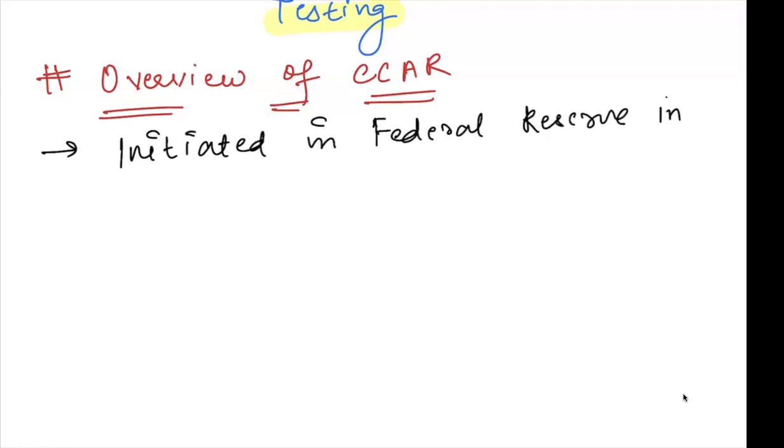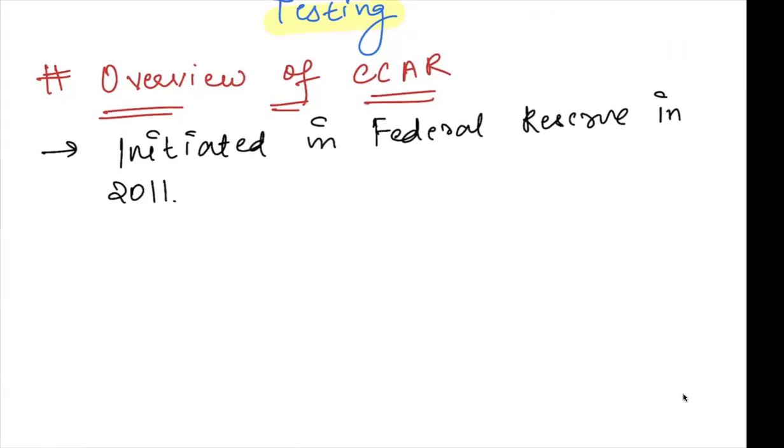First of all, I want you all to understand the reason why CCAR and DFAST were developed: it was after the 2007-8 financial crisis. People realized the importance of risk management, the importance of capital, why capital is important for a bank. They understood that a bank should have capital adequacy to handle stress conditions.